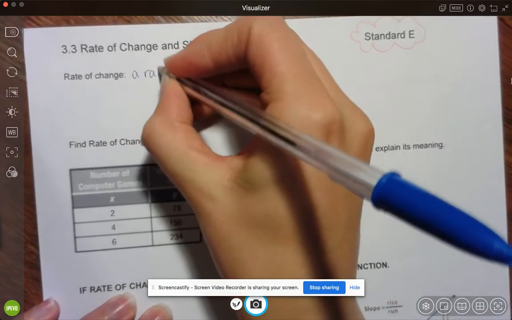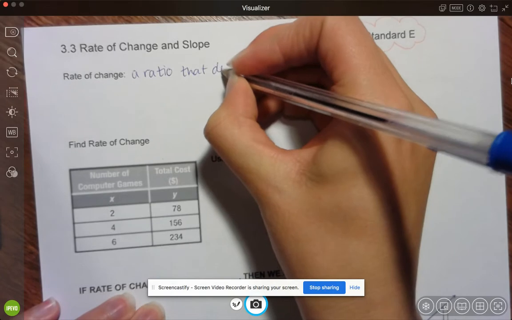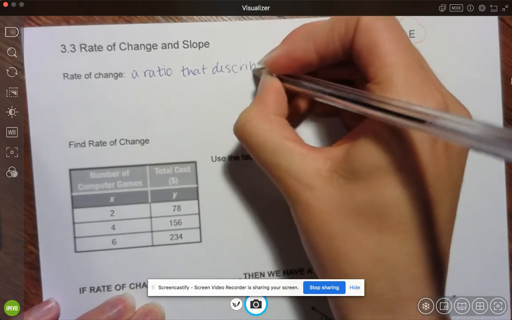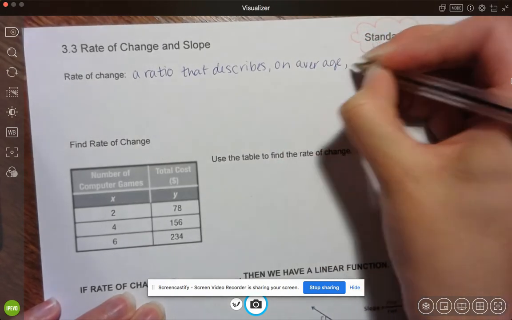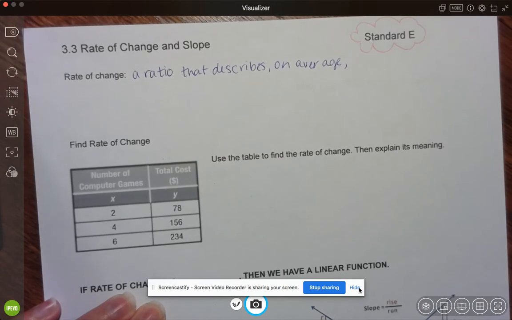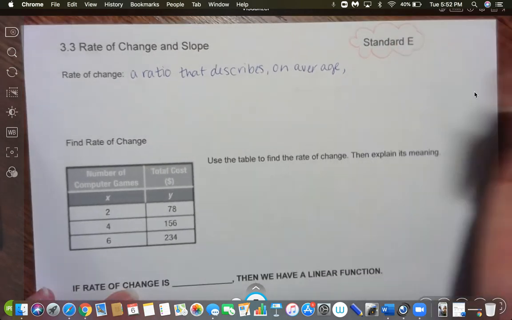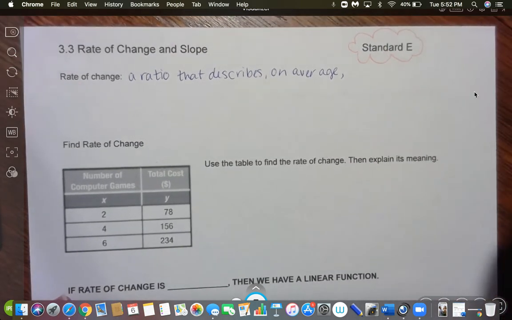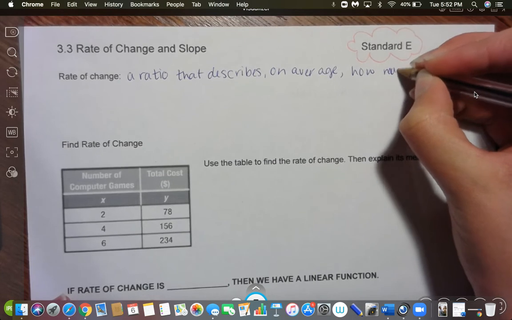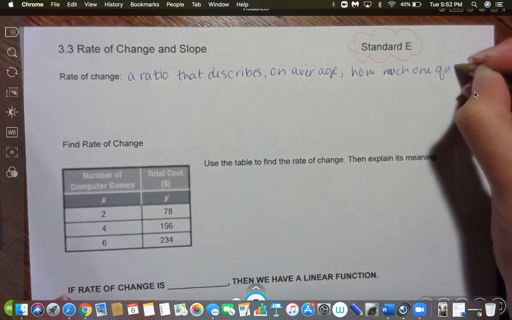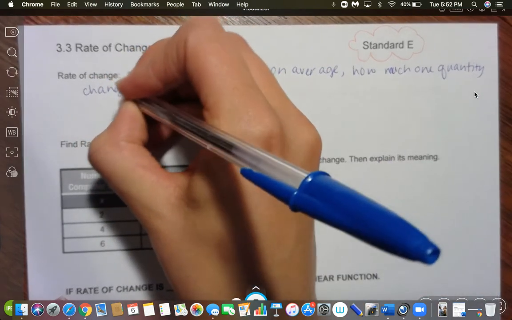Rate of change is a ratio that describes, on average, how much one quantity changes with respect to another quantity.